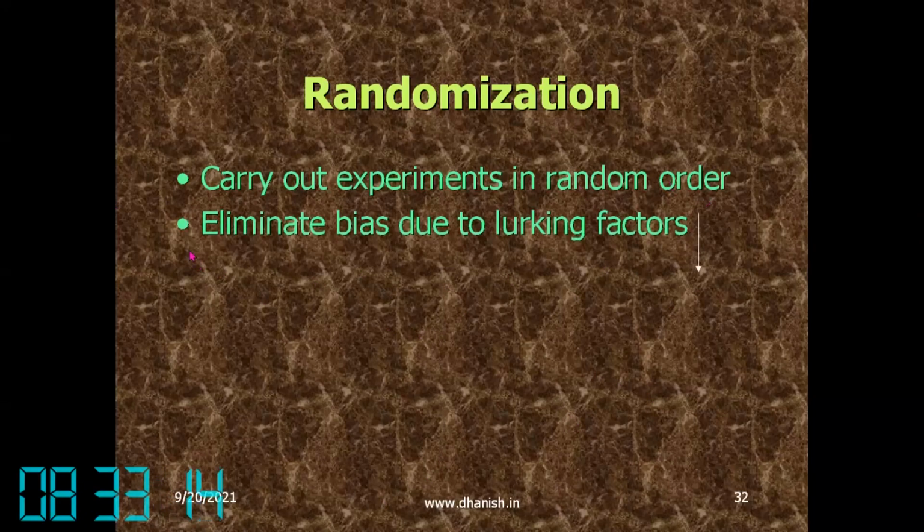So randomization helps us to eliminate bias due to lurking factors. The more varieties of subjects you have the better. Suppose you do your vaccine testing only in one country, then the results are applicable to the genetic pool of that country. That is why, initially, when one vaccine manufacturer wanted to come to India, the Indian government said, no, you have to test it here also.